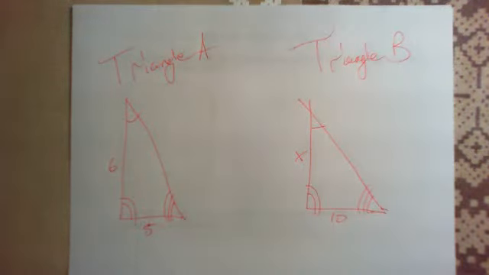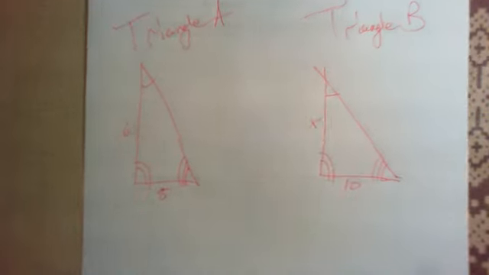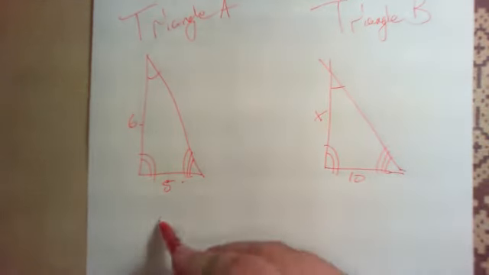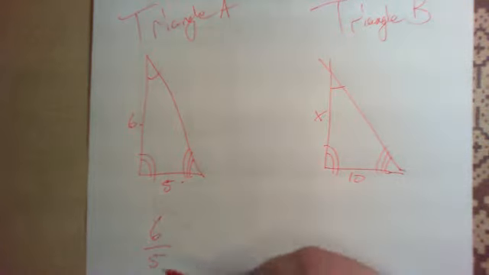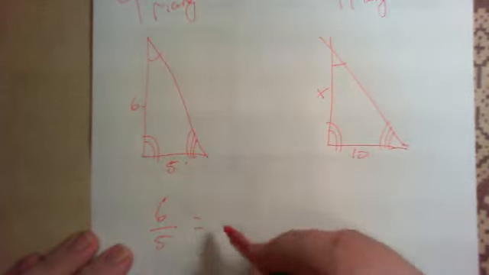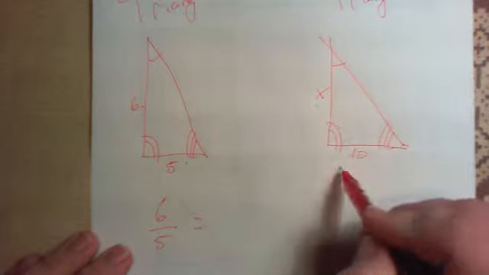So if you recall from pre-algebra and probably 5th grade math and 6th grade math and 7th grade math and maybe even 4th grade math, you can set up a ratio by saying this is to this as this is to this. So I can say 6 is to 5 proportionately, and then I set it equal to x is to 10.